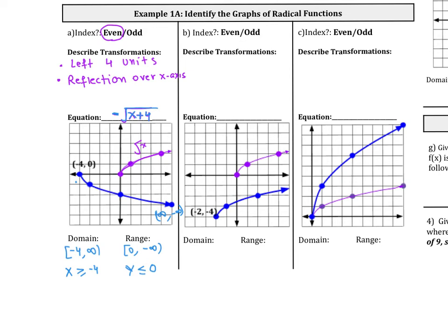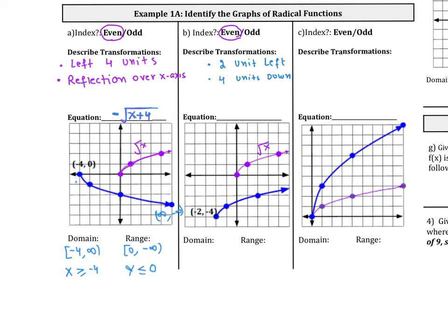Next, letter B, this is a square root function, so an even function. Describe the transformation. If I notice, this function is moved 1, 2, 3, 4 units down and 2 units left, but the direction is still the same.